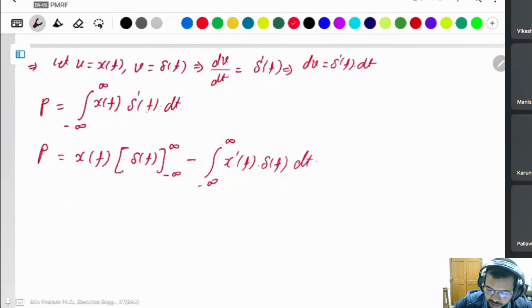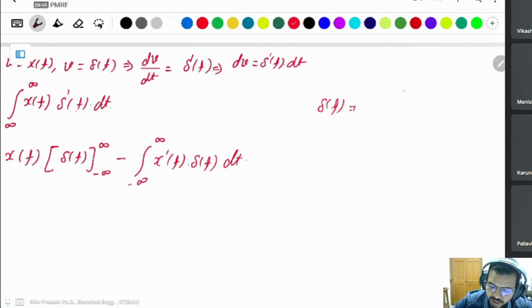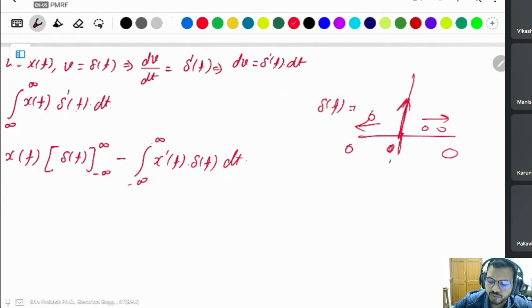You know about the delta t function: it is available only at 0, and all others are 0 signal. It is available only at the 0 point. At plus infinity and minus infinity, this will be 0 only. This signal is available only at the origin.